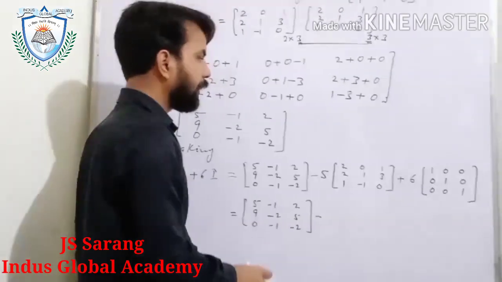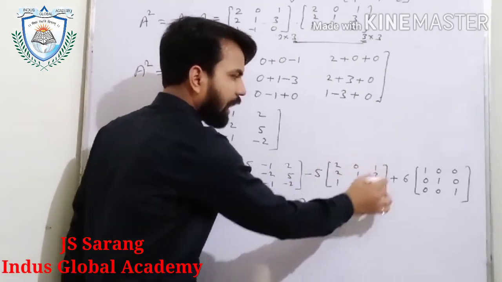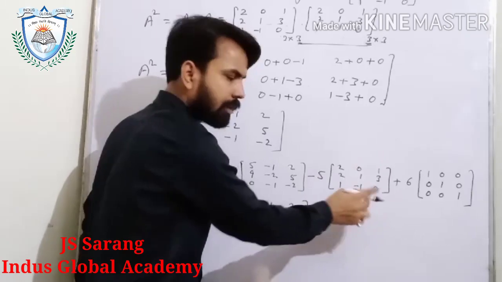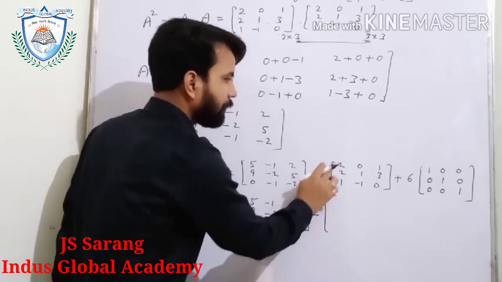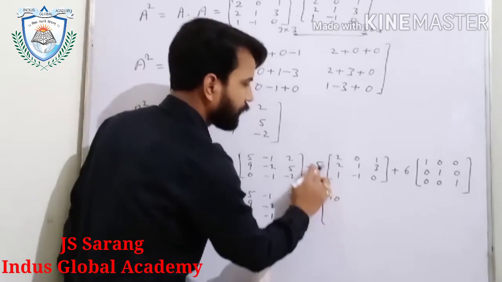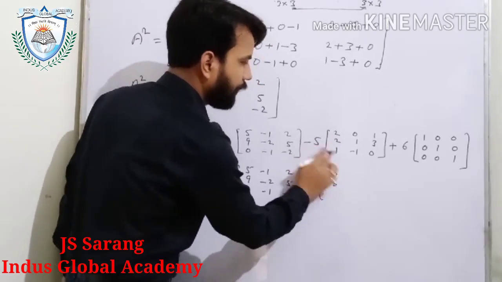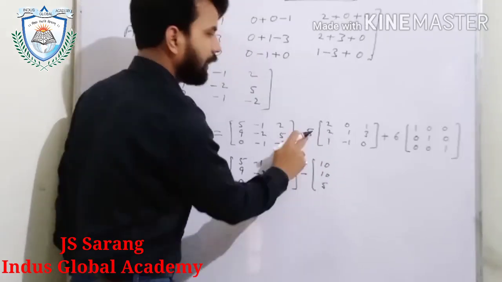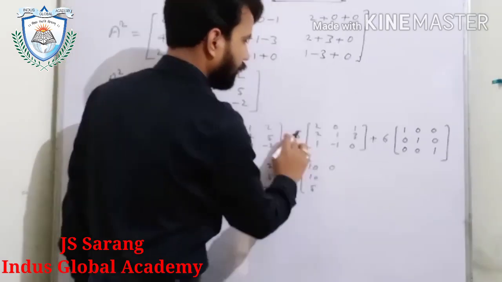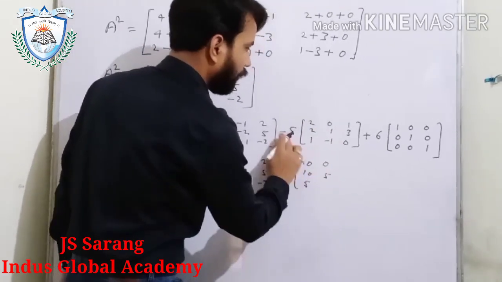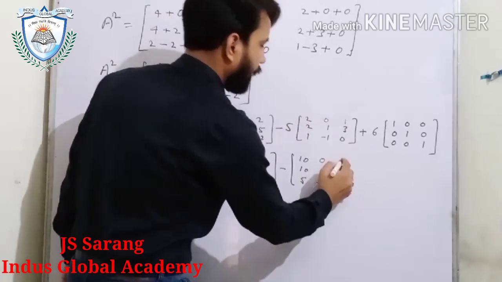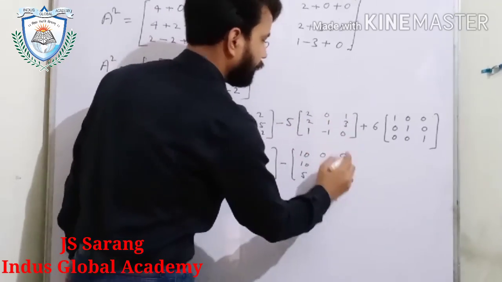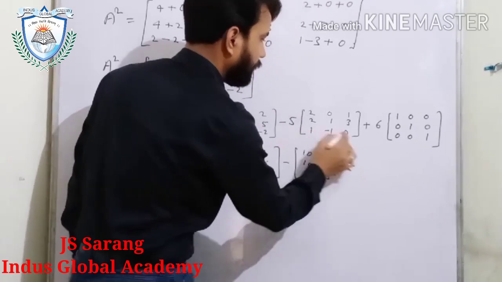So we will multiply each and every element of this matrix by this scalar. 5 times 2 is 10, 5 times 1 is 5. Similarly 5 times 0 is 0, 5 times 1 is 5, 5 times minus 1 is minus 5. Now 5 times 1 is 5, 5 times 3 is 15, 5 times 0 is 0.